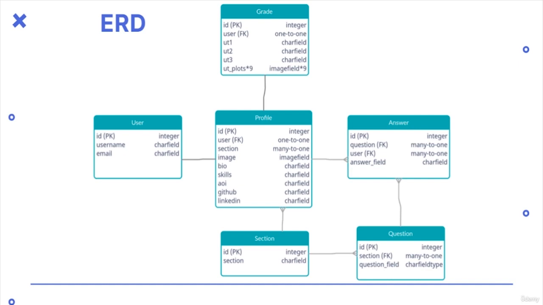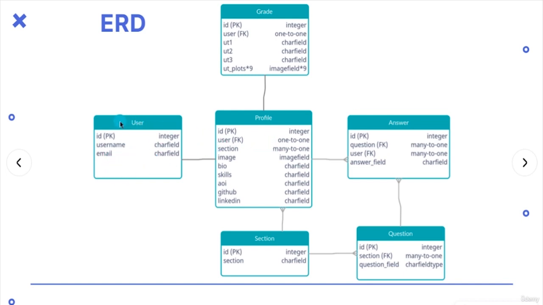We're going to start from the user table. Everything is a table here, and this is a column. So ID is a column, username is a column, and email is a column. The user table has password as well, but we won't be able to access the passwords, so we're going to ignore the password.